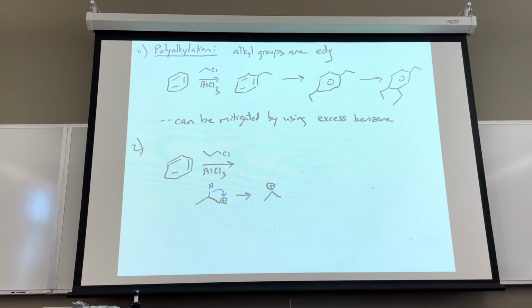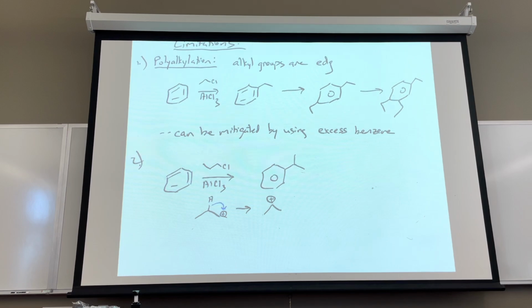And if it did that, then your product would not be propyl benzene, but instead isopropyl benzene or cumene. So you have to be on the lookout for carbocation rearrangements here. When a carbocation can rearrange to make something more stable, it will rearrange.